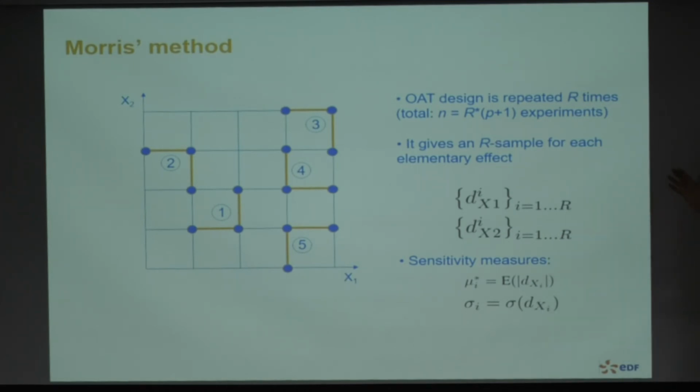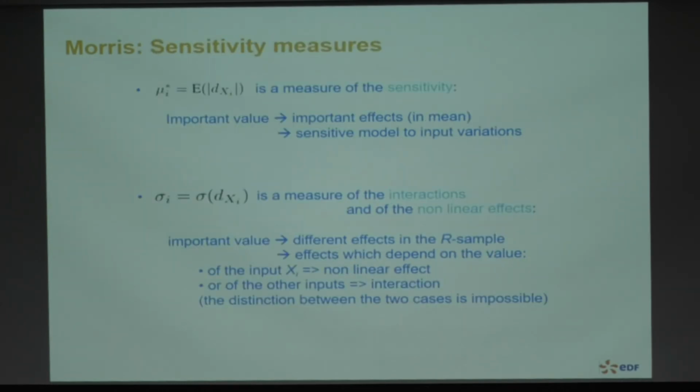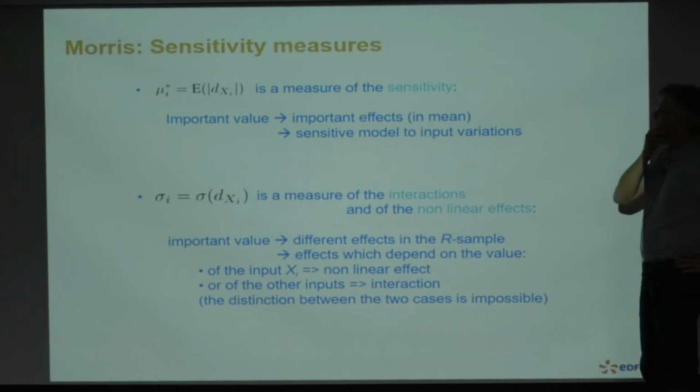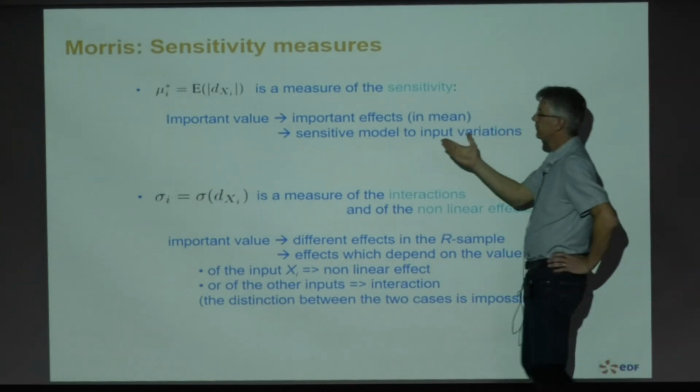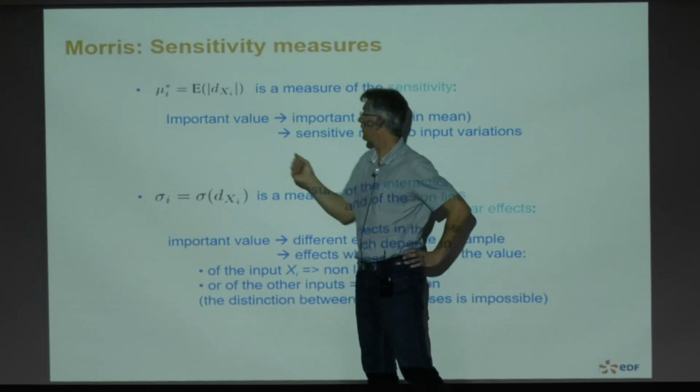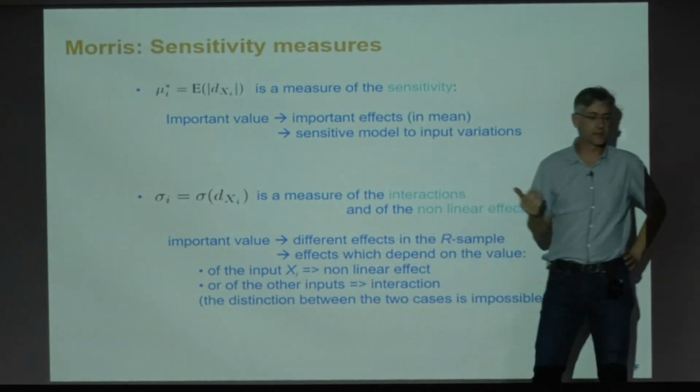So you see it's very simple, no theory behind this. We can maybe develop some theory if we consider that the elementary effects are kind of derivatives. Okay, but what is interesting is that we can consider the mean mu star as the measure of the sensitivity.